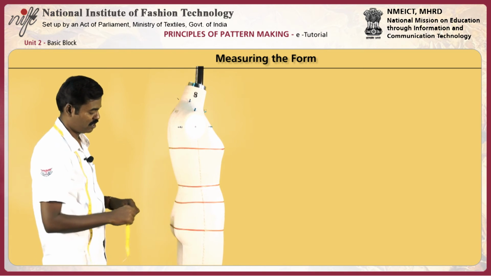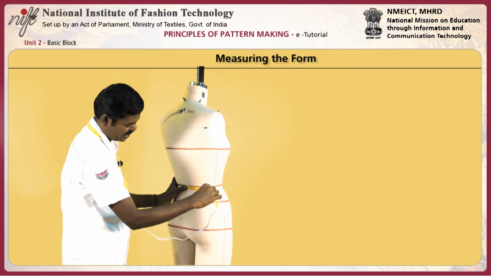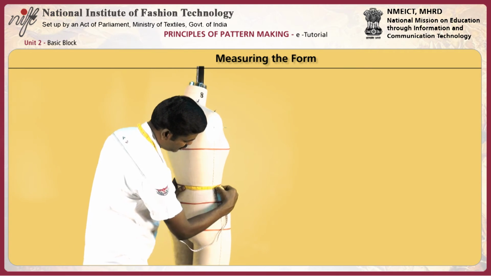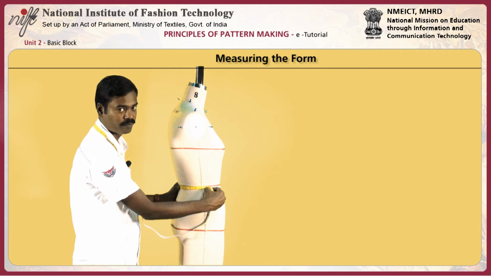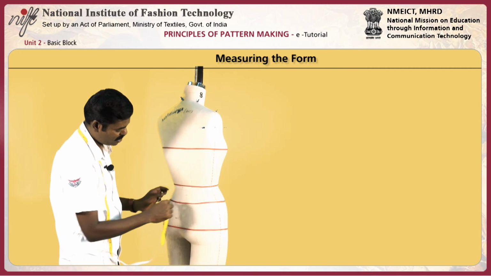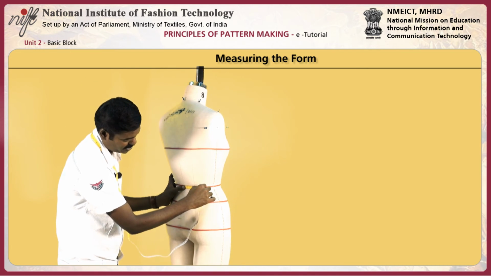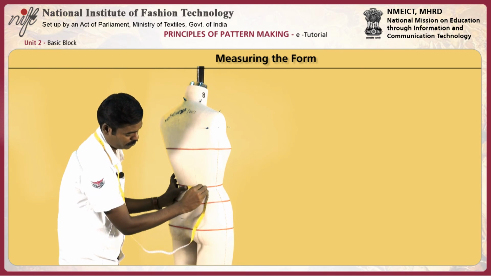Waist arc, measure center back waist to side waist on the waistline. Then dot placement, measure center back waist to the princess seam here.